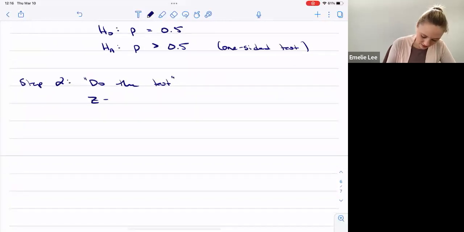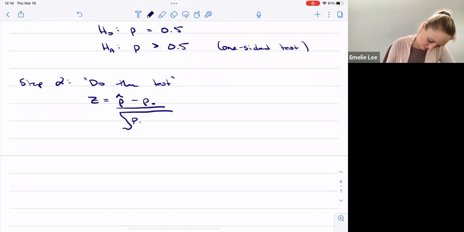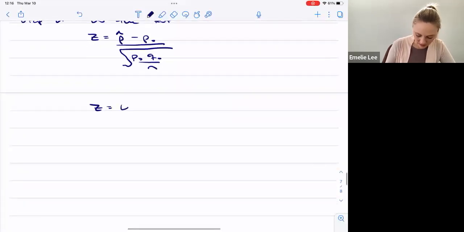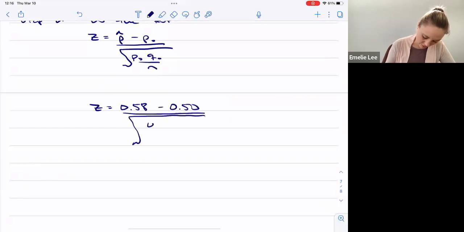So that's going to be calculating z is equal to p hat minus p naught over the square root of p naught q naught over n. So z is 0.58 minus 0.50 over the square root of 0.5 times 0.5 over 1,000.